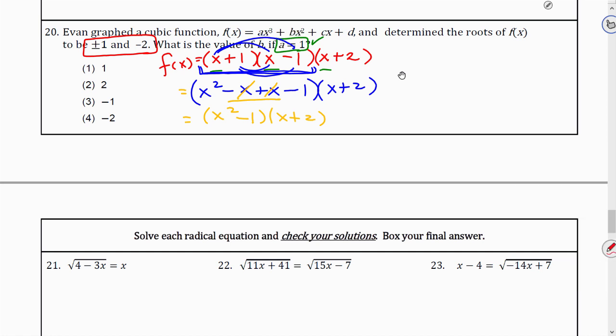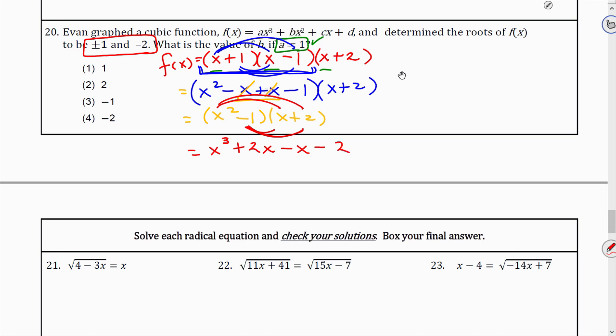And now I'll distribute this into these two terms, and this into these two. So x squared times x is x cubed, and x squared times 2 is plus 2x squared. Negative 1 times x is minus x, and negative 1 times 2 is minus 2.